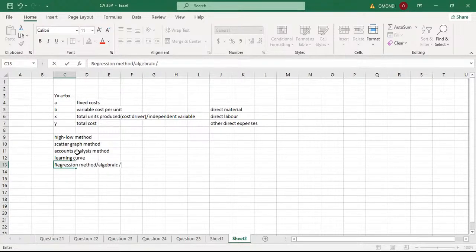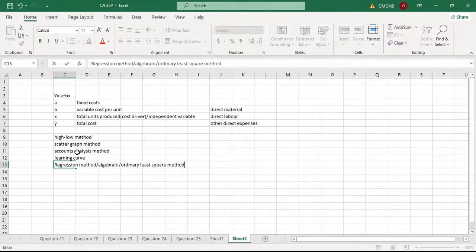It is also called ordinary least square method.